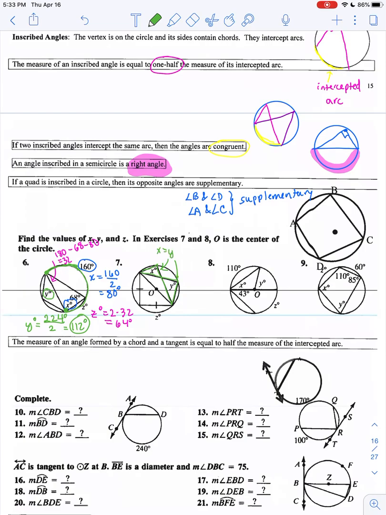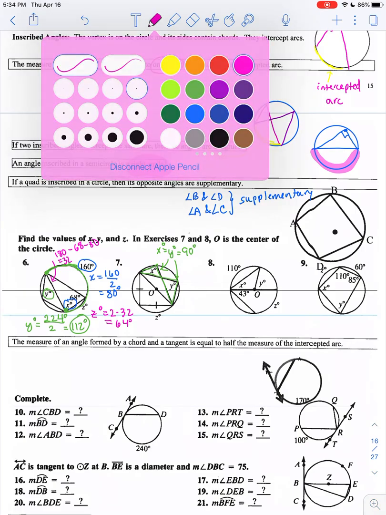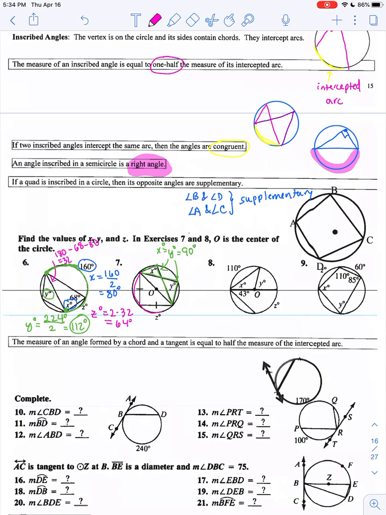So X is equal to Y is equal to 90 degrees, which then leaves us with the fact that this is 180 degrees and that these chords are congruent. Okay, so if those chords are congruent, then their intercepted arcs are congruent to each other. So Z therefore must be equal to 90 degrees.